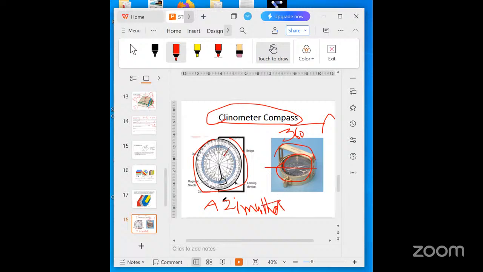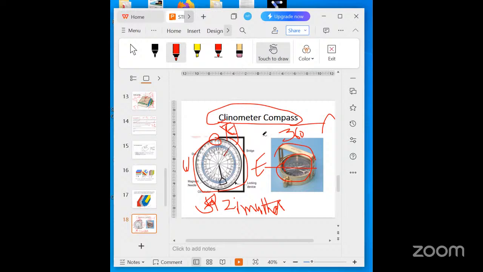You see here 0 to 360 represents north, east, south, west.